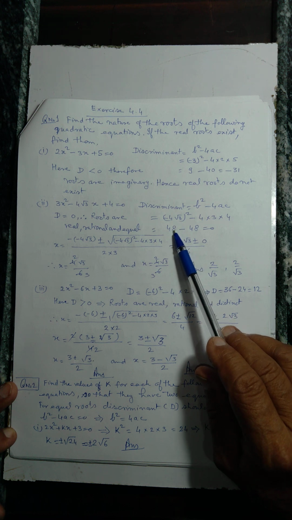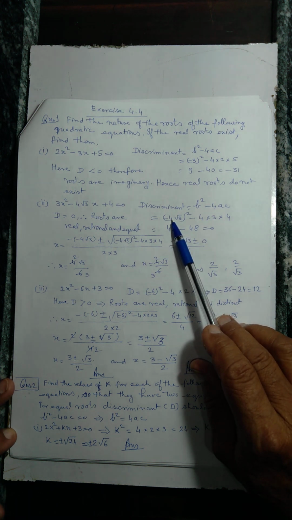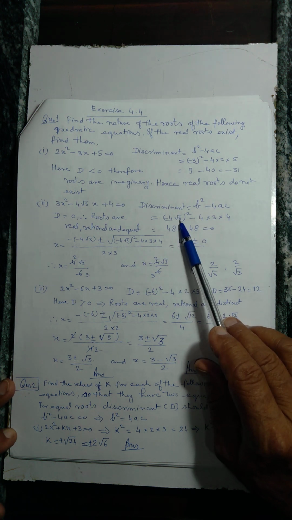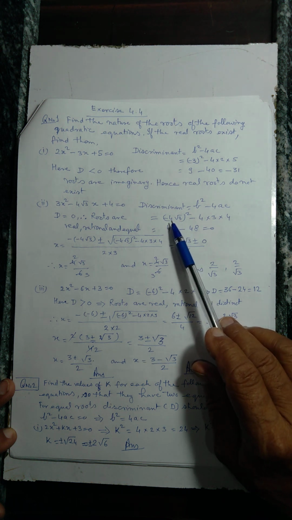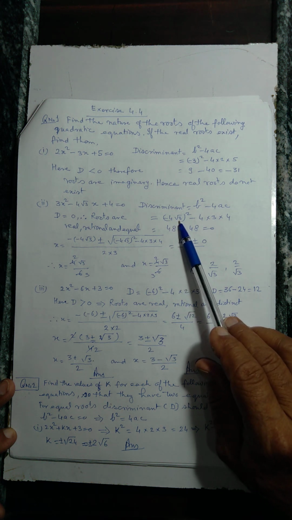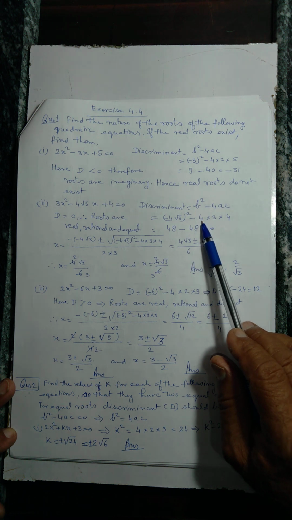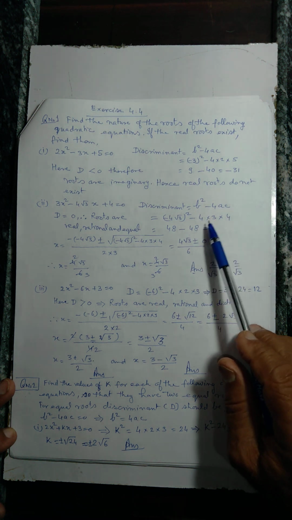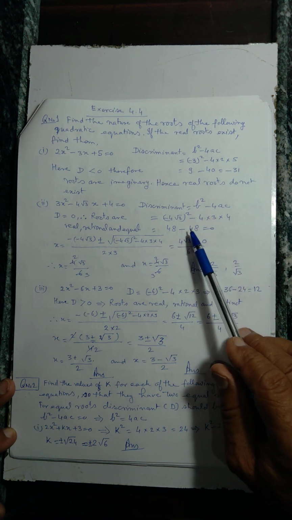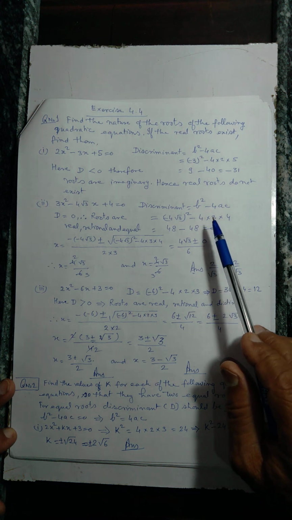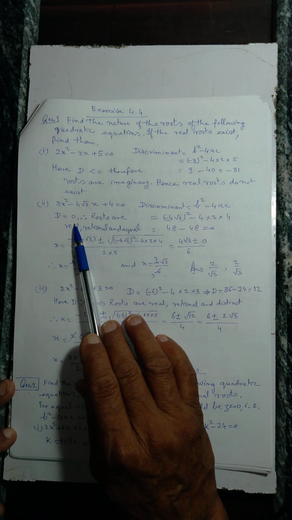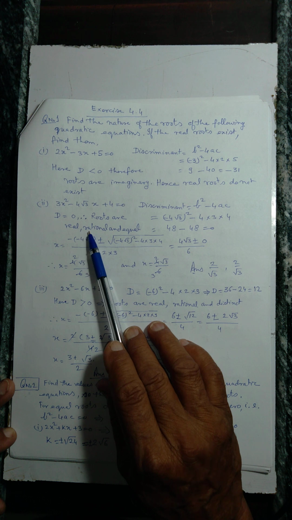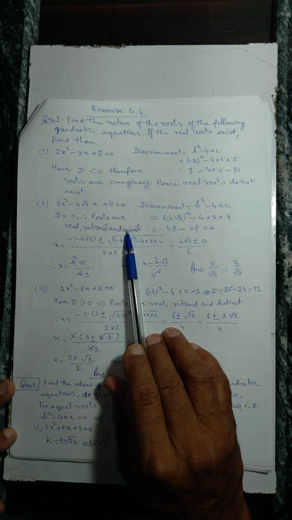So it will be square of 4 is 16 and square of root 3 is 3. So 16 times 3 is 48. So 4 into 3 into 4, again it will be 48. So 48 minus 48, 0. Here the discriminant is 0. So the roots are real, rational and equal.